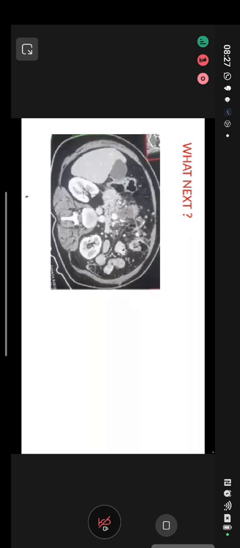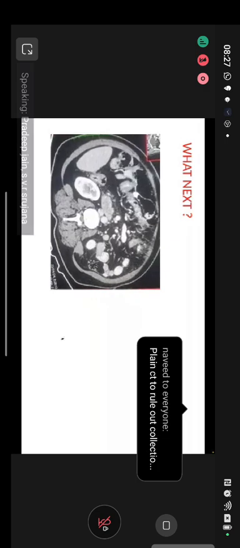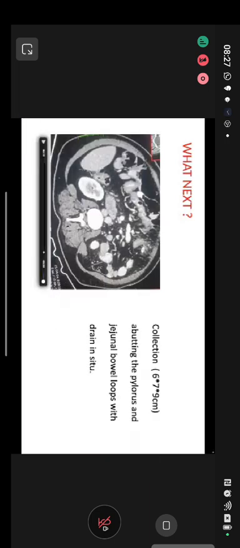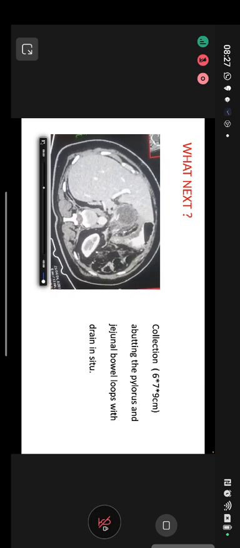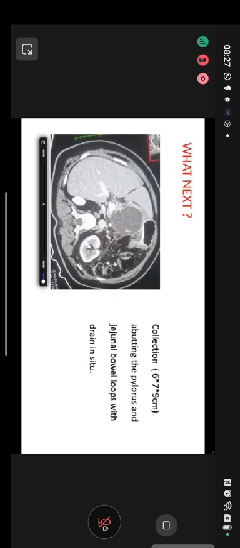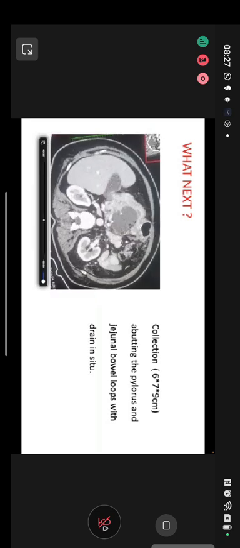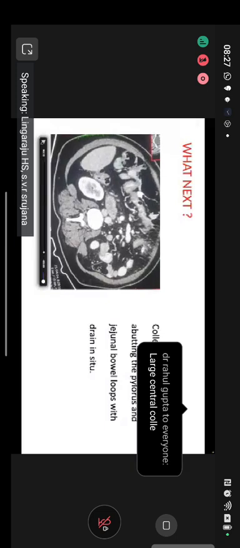What is this CT film? What do you see? Collection. This collection, but the drain is in situ only.